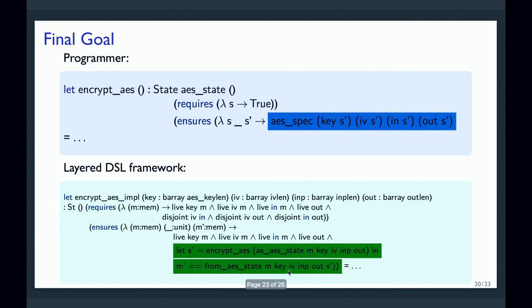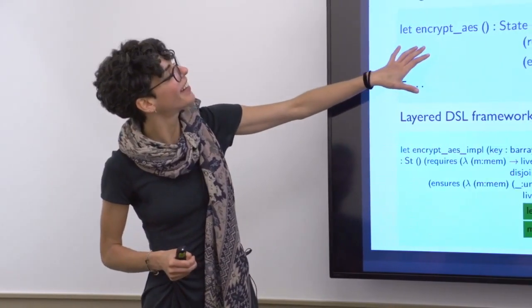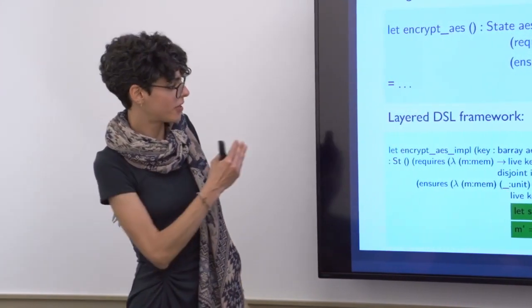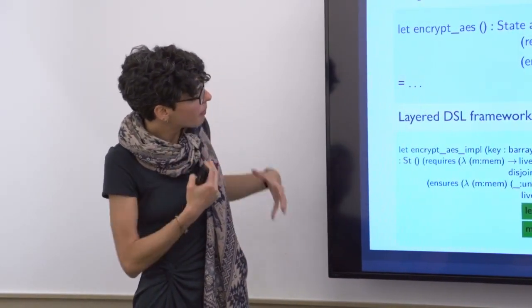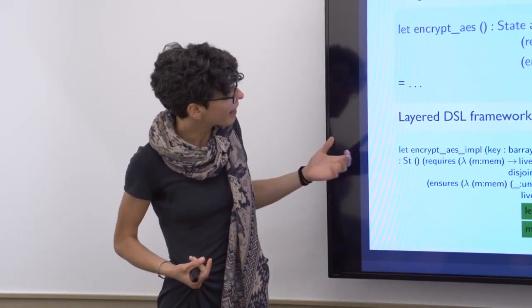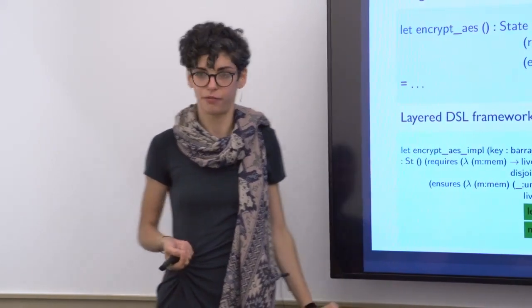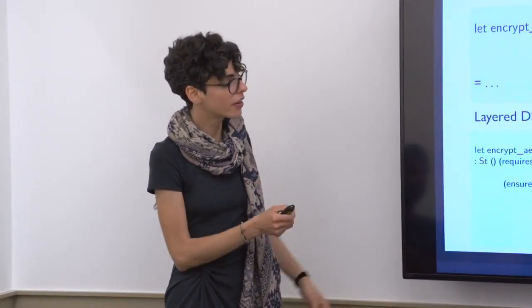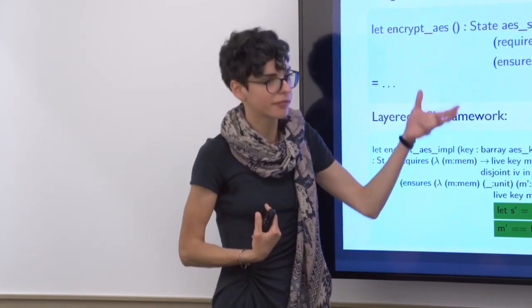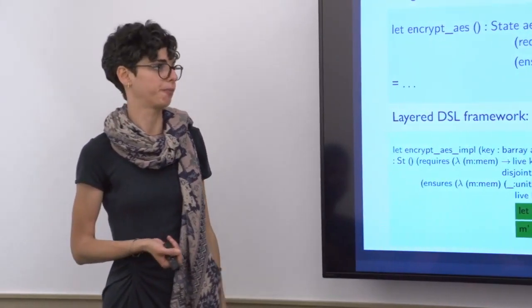Here is the final picture and our goal for this work. We want the programmer to be able to write the high-level implementation of encryption algorithms, and we aim to automatically derive the low-level implementation of the algorithm, and the proof that it refines the high-level implementation.